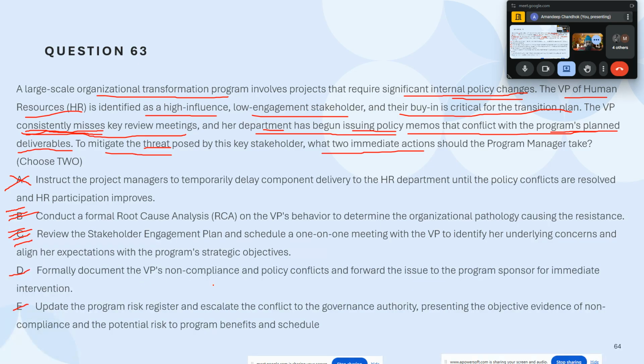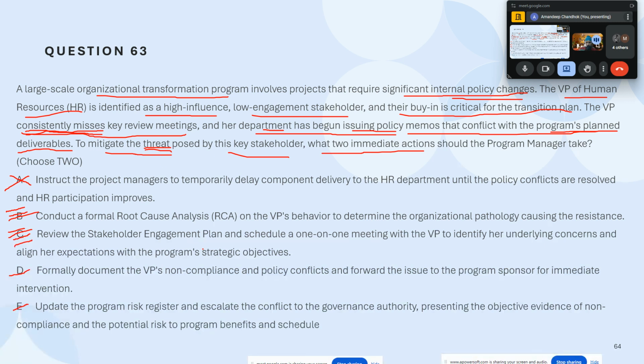What you're saying is this is a threat by the stakeholder. Another word for threat is risk. Remember this. Has it become an issue? No, the keyword here is threat. If it said to mitigate the issue, then your thought process would be slightly different. But here it still says threat.